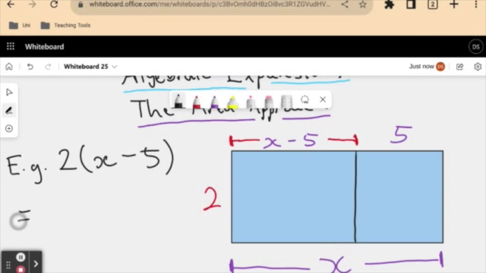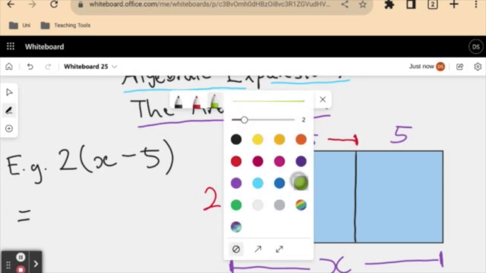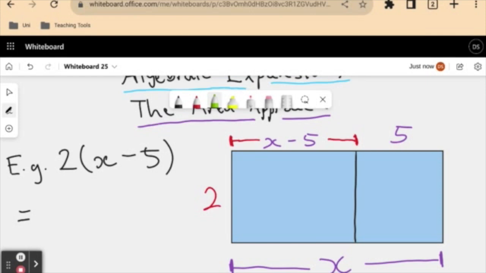So we end up first with 2x as the whole rectangle. And from that, we are going to subtract the area of our smaller, did I say triangle before? I'm not sure, but I meant rectangle.